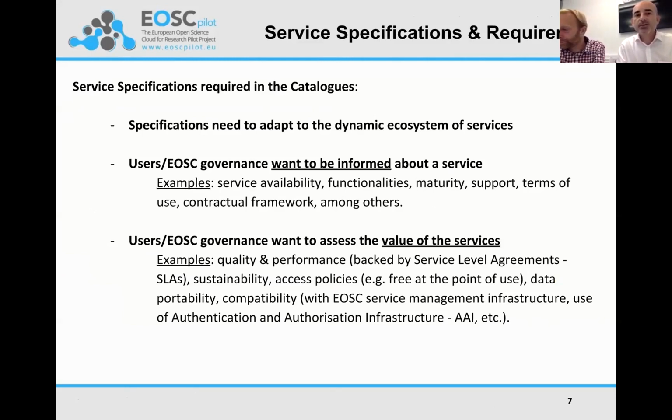Users and the EOSC governance want to be informed about a service, and therefore we need to find a way to provide specifications about the services, such as the service availability, the functionalities, maturity, support, the terms of use, contractual framework, among others. And another question that we needed to be able to specify with the rules is the value of the services. For example, the quality and the performance of the service, the sustainability, the access policies, data portability, the compatibility, and so on.